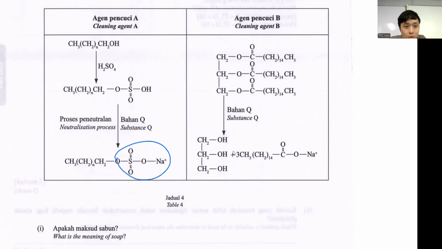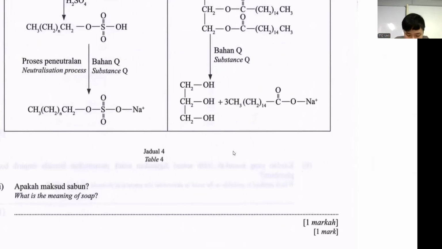So this part is the head, and this part is the tail. I mean, this one is not soap, this one is detergent, sorry. The same thing for the structure of soap: this part is the head, which got charged, and this part is the tail of your soap. Normally, how do we recognize which one is soap and which one is detergent?